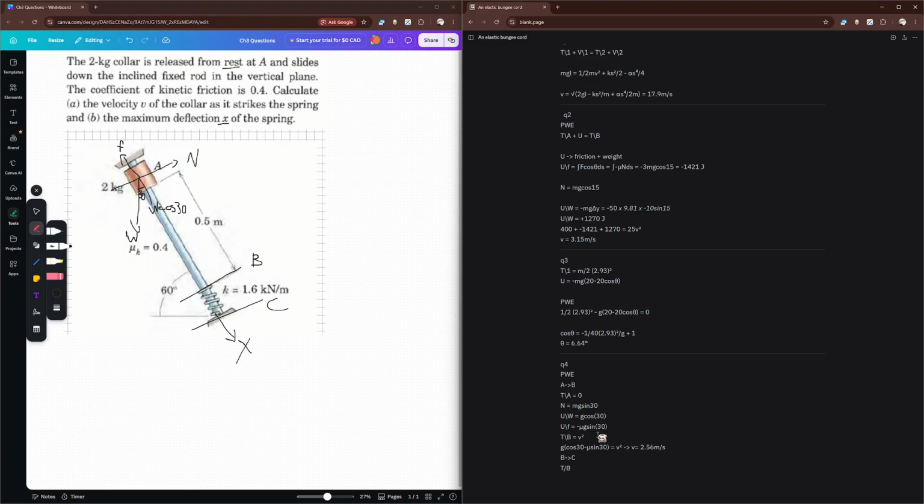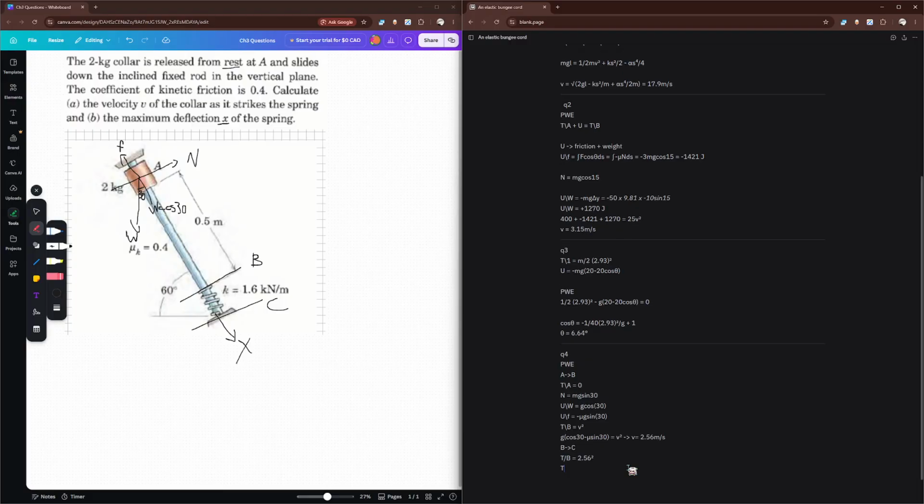And then, so yeah, 2.56 squared. So it's just 2.56 squared. And then we know that TC will be 0, because when the spring is at maximum deflection, it's purely going to be spring energy, elastic potential energy, due to the fact that there will be no movement.